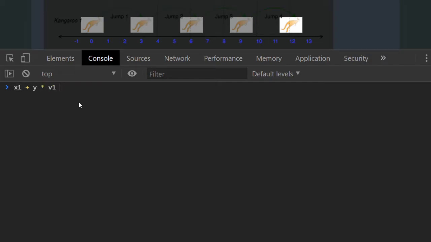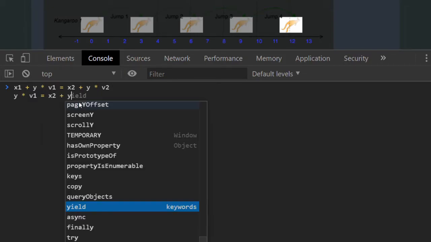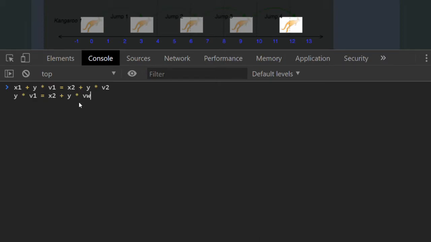It's simple, and should be equal to x2 plus y, which is the same number of jumps, times the jumping distance v2. So let's try to solve it for y. First thing, I will move x1 to the right. Y times v1 equals y times v2 plus x2 minus x1. I'm not that good at math, by the way. I think you can tell.